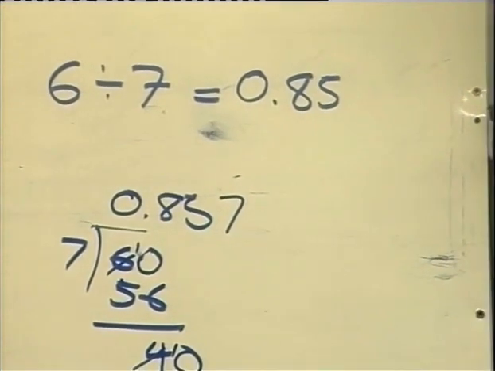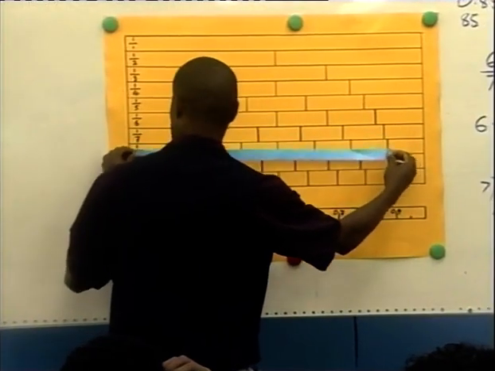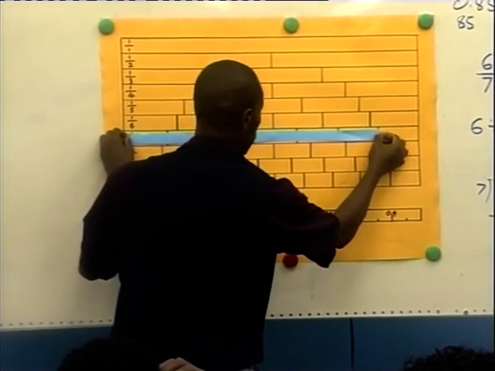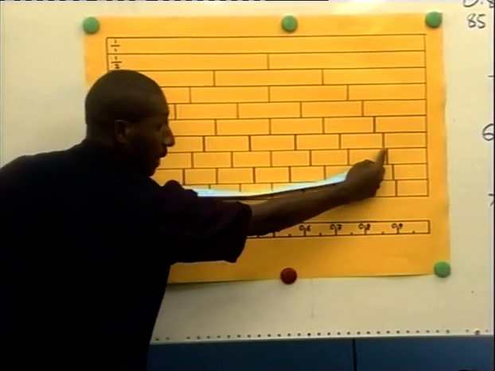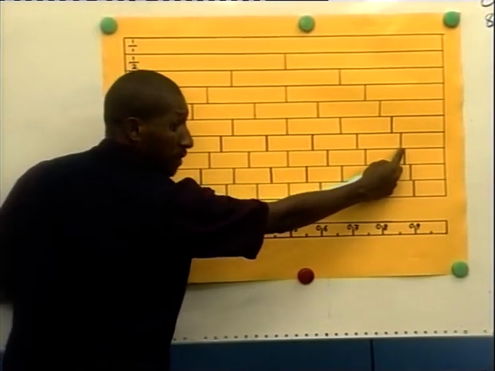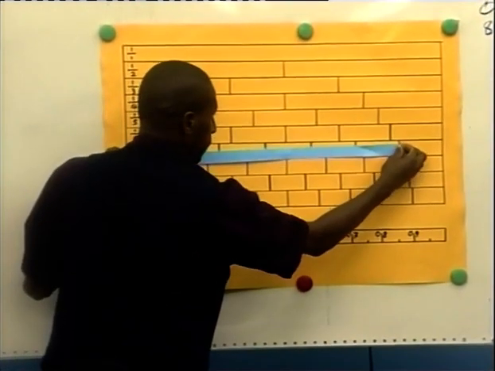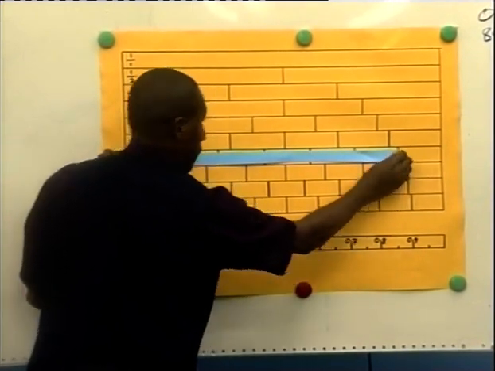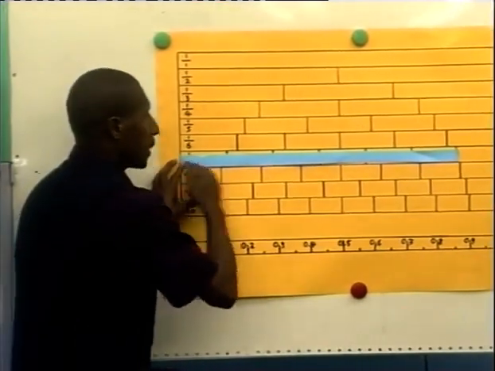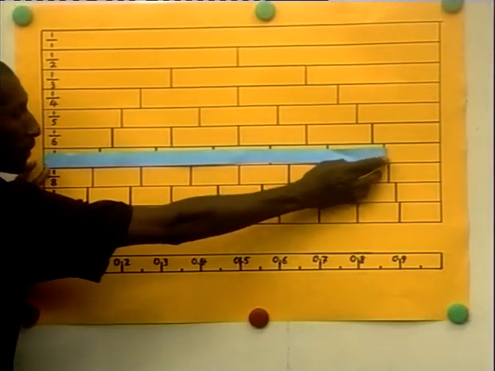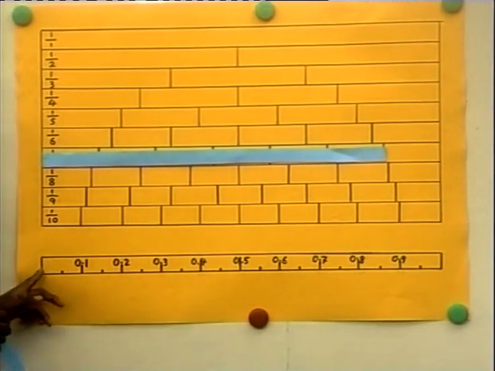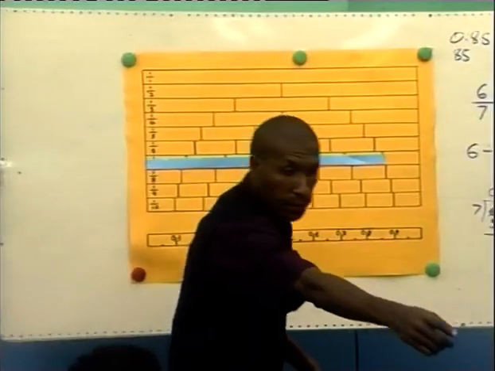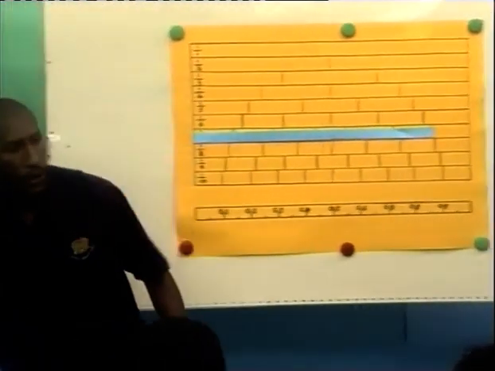So let's prove that here by using the fraction wall. Class, from here to here is 6 over 7. Now where is 0.85? Can you show me where 0.85 is on the scale?